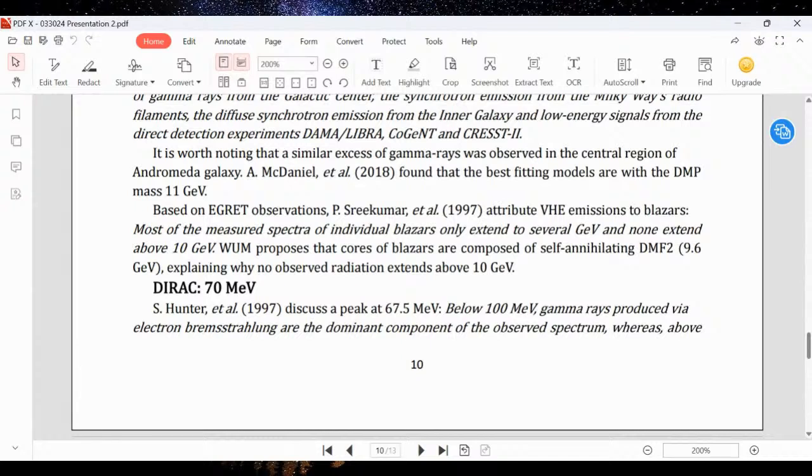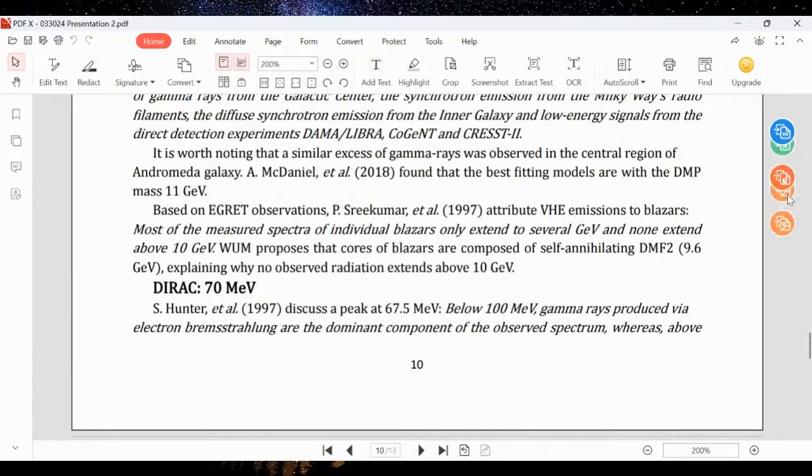Most of the measured spectra of individual blazars only extend to several giga-electron volts and none extend above 10 giga-electron volts. One proposes that cores of blazars are composed of self-annihilating dark matter fermion 2, 9.6 giga-electron volts, explaining why no observed radiation extends above 10 giga-electron volts.